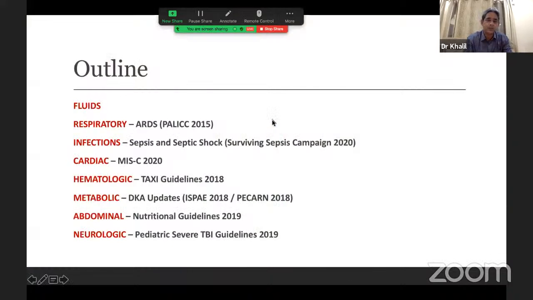I will be presenting these advances with the following outline. We'll be discussing fluids, then the important respiratory topic of ARDS, followed by infections, cardiac critical care, and a bit of COVID-19 related multisystem inflammatory syndrome in children.